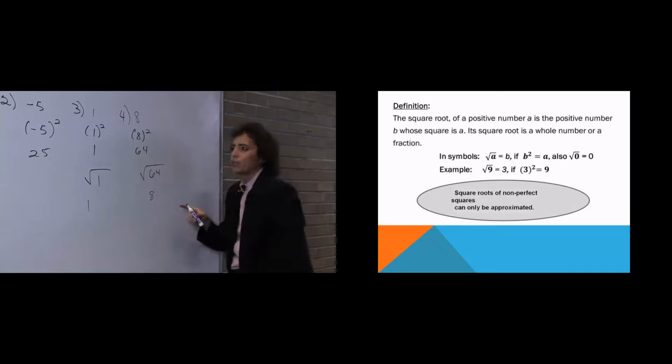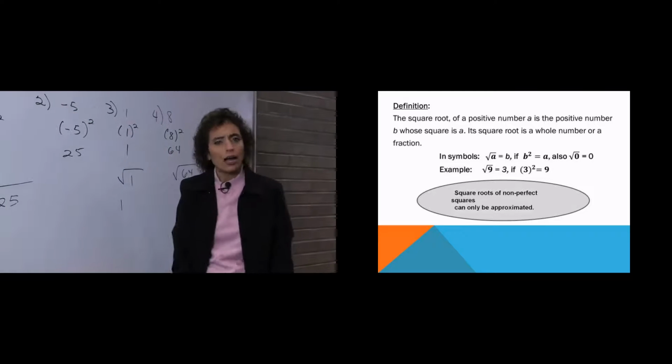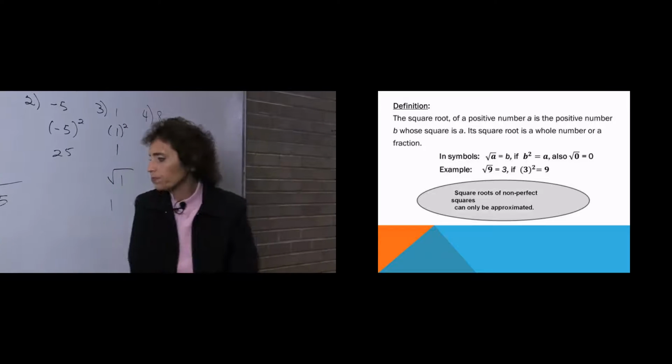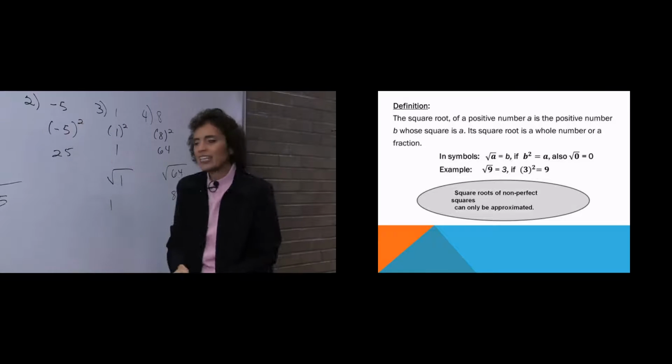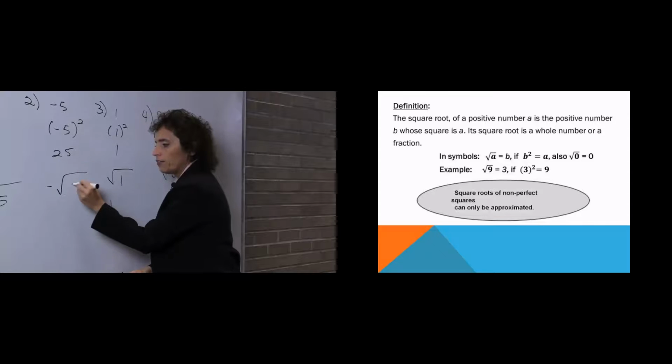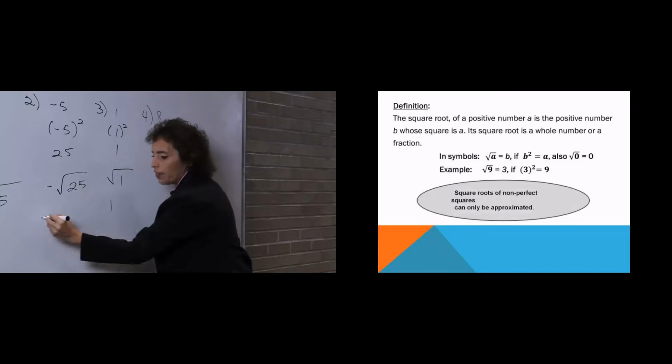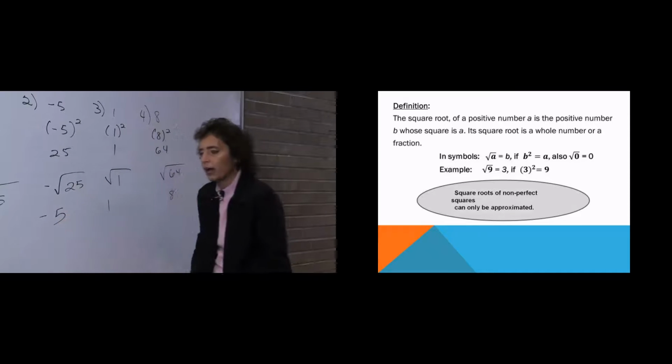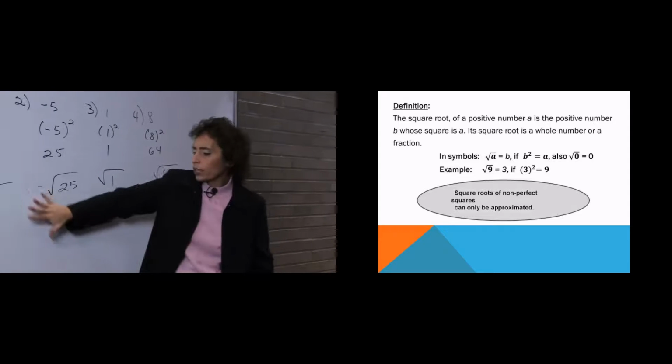Well, how am I going to get this negative 5 back? What do you think? Think about this. The only way to get the negative back is to put the negative in front of the 25, and that's the only way I could get the negative back. However, right now we don't really care much about that.